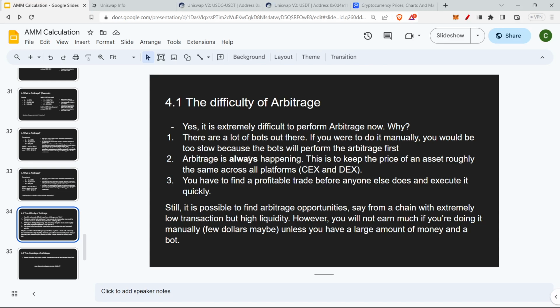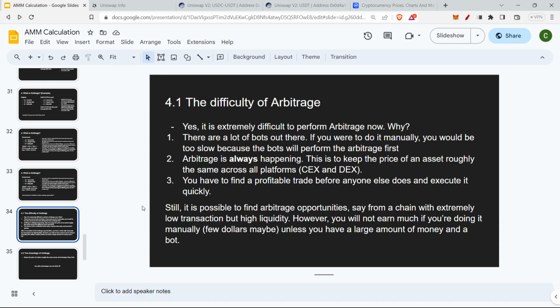And arbitrage is always happening. This is to keep the price of an asset roughly the same across all platforms, from centralized exchanges to decentralized exchanges. You have to find a profitable trade before anyone else does and execute it quickly, so it is extremely difficult to perform arbitrage manually. Still, it is possible to find arbitrage opportunities, say from a chain with extremely low transaction fees but high liquidity.